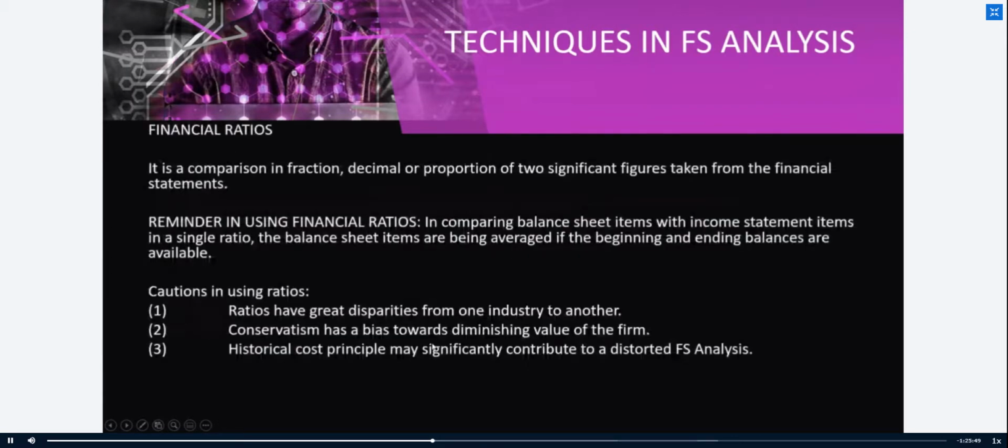So the next technique, probably, let's say, the more challenging one, is financial ratios. Challenging in such a way that there are a number of financial ratios that you need to be familiar with. So you really have to memorize all those financial ratios, especially during exams.